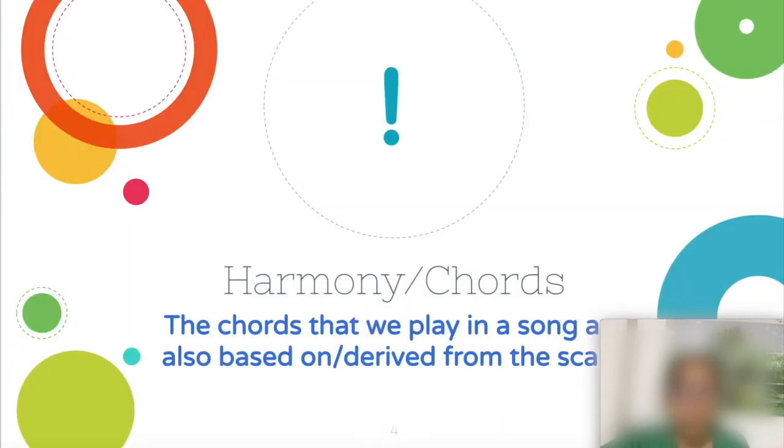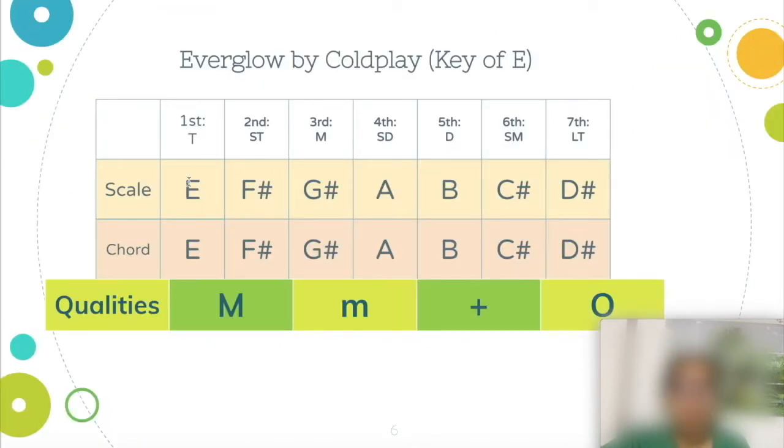Again, going back to the slide, the chords that we play in a song are derived from the scale. So if our scale consists of E, F sharp, G sharp, A, B, C sharp, and D sharp, then we can also play an E chord, F sharp chord, G sharp chord, A chord, B chord, C sharp chord, and a D sharp chord.